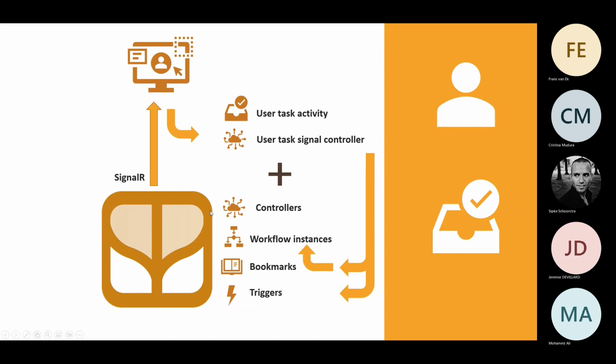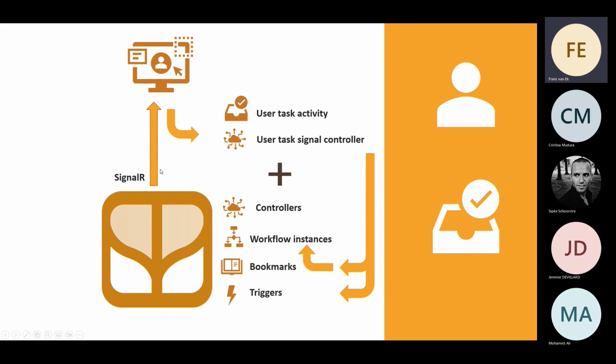And at last, the last option is, how can the UI interact with the engine without all the time querying and bombarding the user task signal controller to see what the state of each workflow instance is?